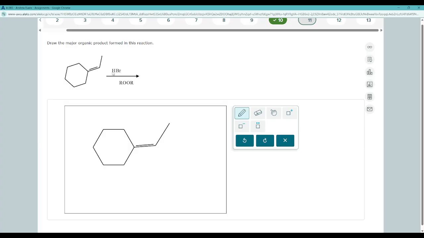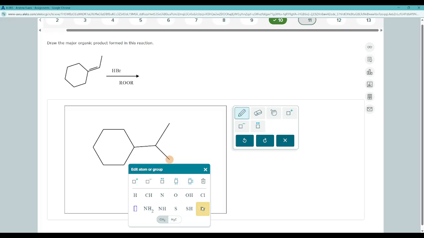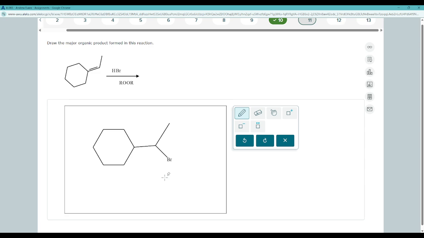So in a non-radical mechanism, hydrogen would be adding to the secondary position. Bromine's going to add to the tertiary position. Because we are doing it radical, the bromine adds first, and then the hydrogen adds second. And so it goes anti-Markovnikov.